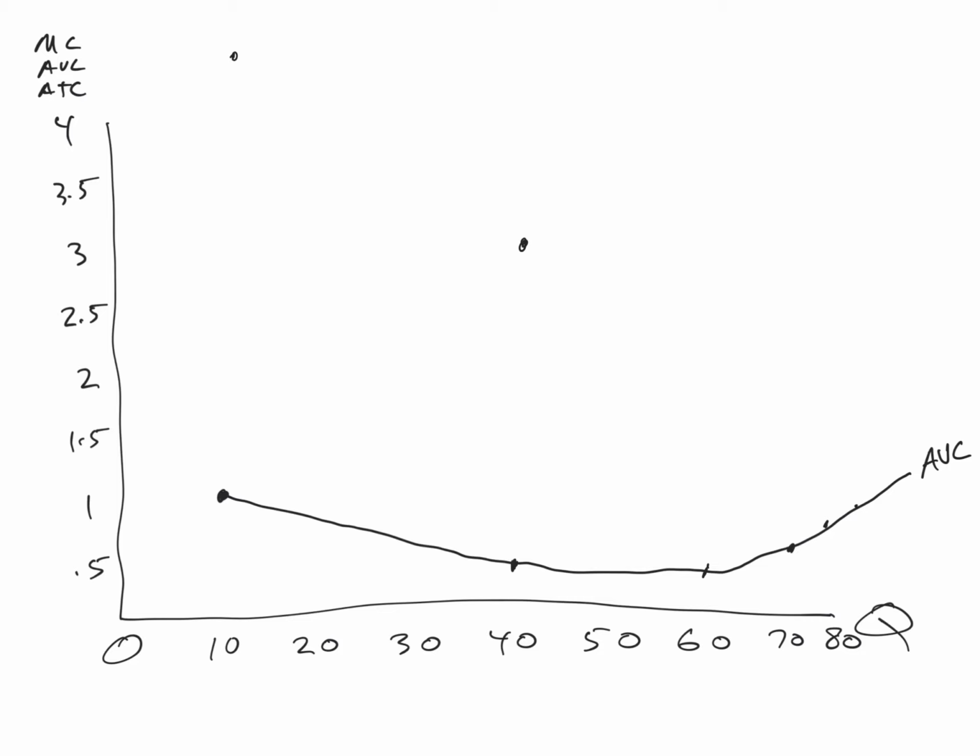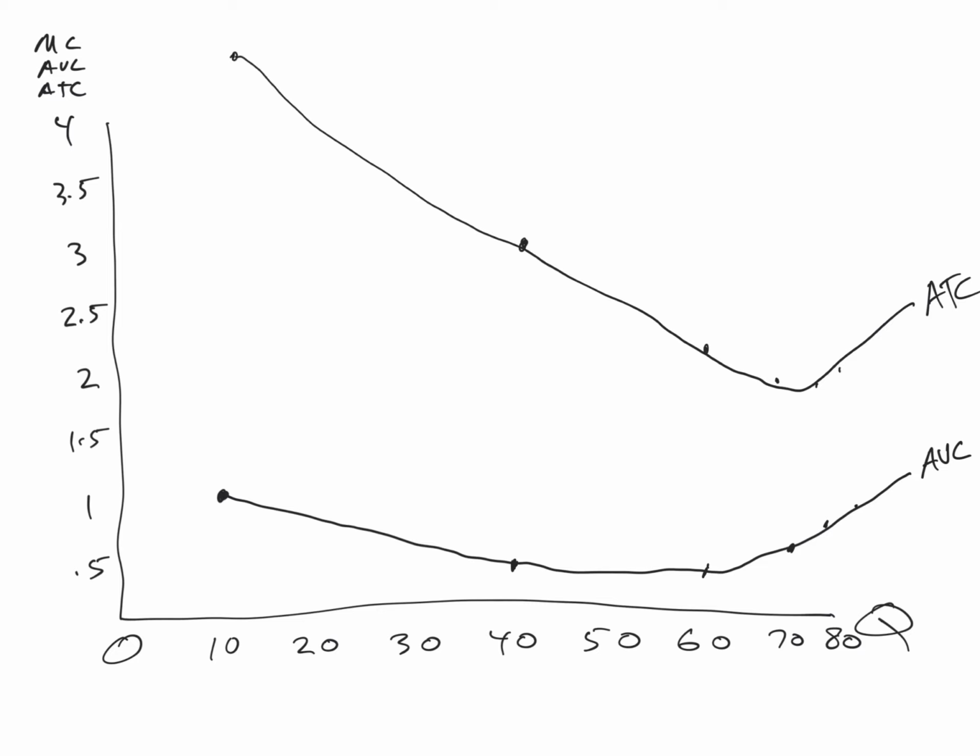About there. 60, 2.17. 70 is 2. 75 is 2. And 76 is 2.11. So this comes from way up here, comes down, bottoms out, and then starts to go up again. There's average total cost.